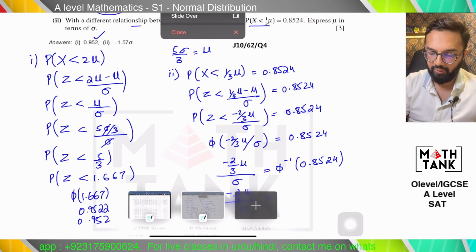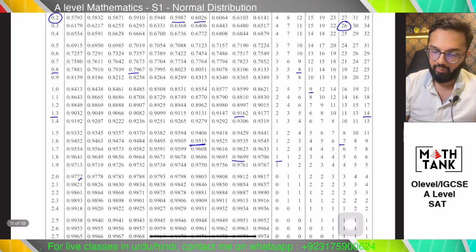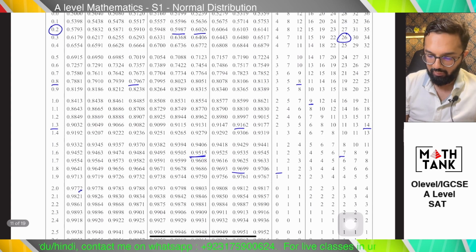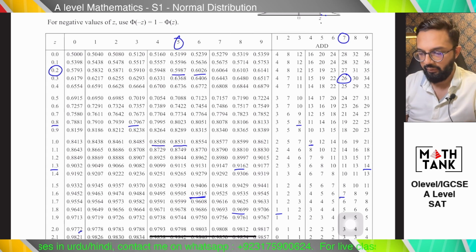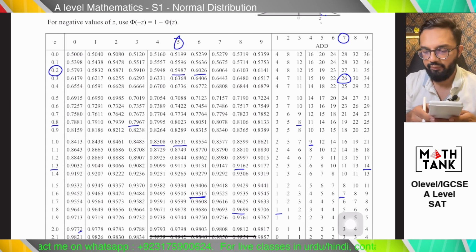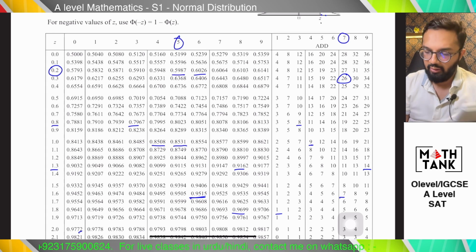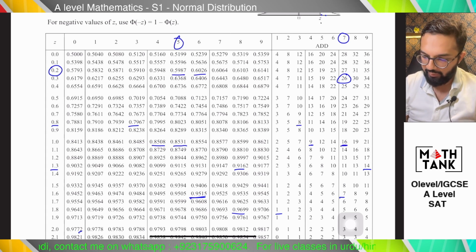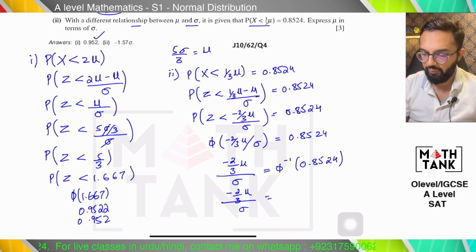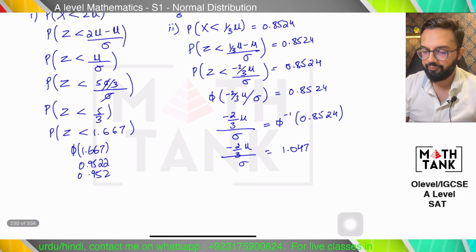Let's look at 0.8524 there. 0.8508. So 8524 minus 8508, I mean 16 more. So that's 1.047. So minus 2/3 mu equals 1.047.